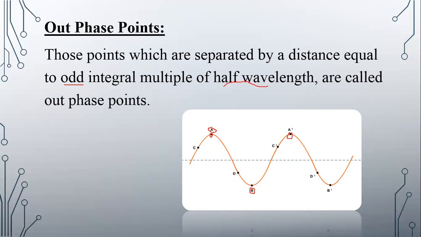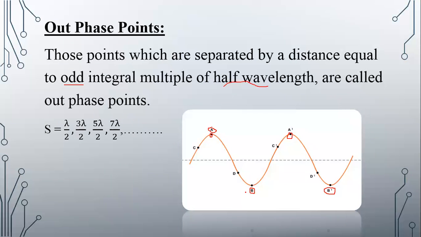Similarly, if we compare A with B1, then distance between them is equal to 3 lambda by 2, because B to B1 is lambda, and from A to B lambda by 2. So sum of lambda plus lambda by 2 is equal to 3 lambda by 2.